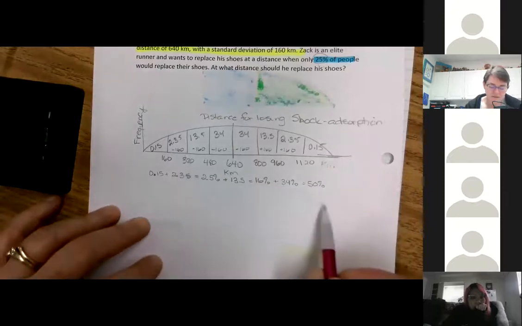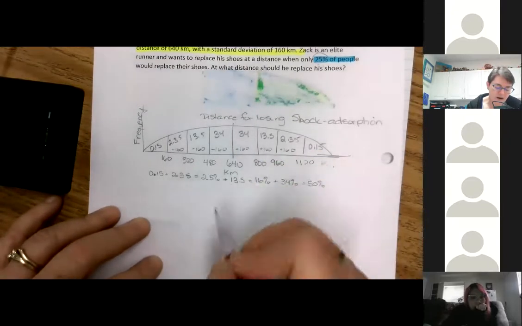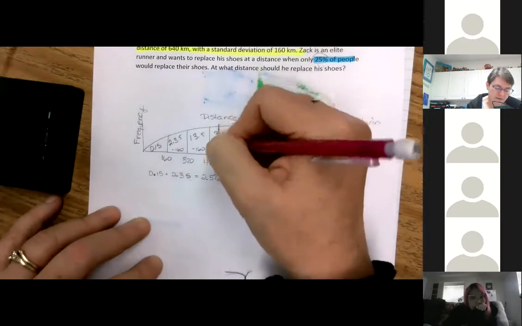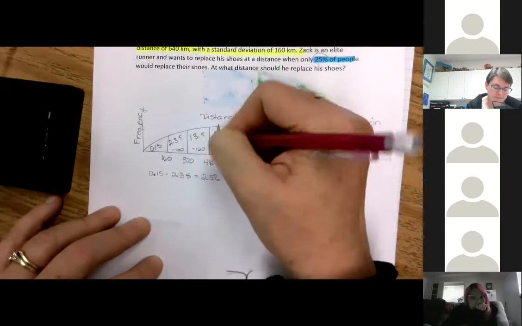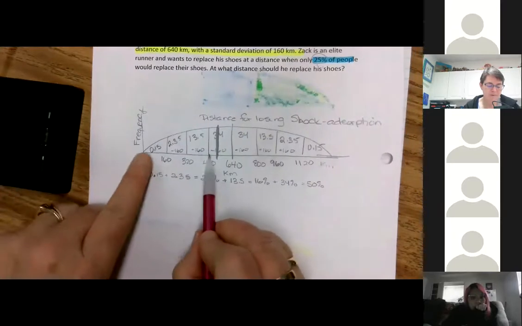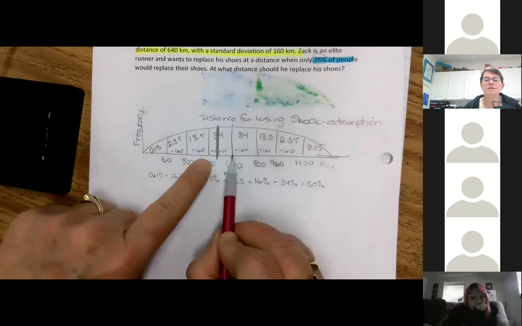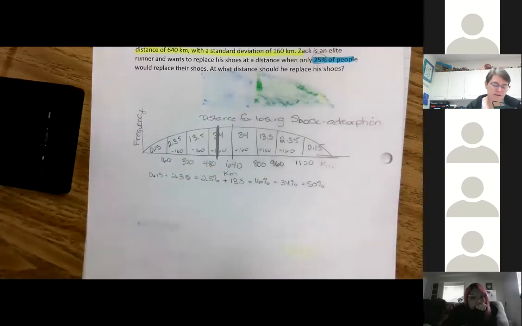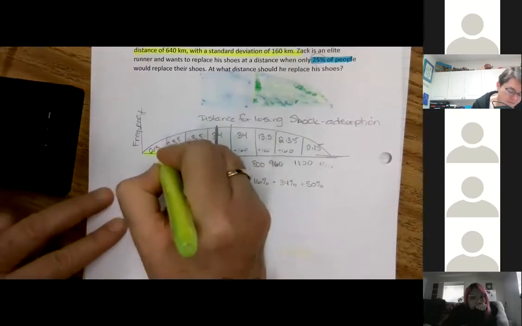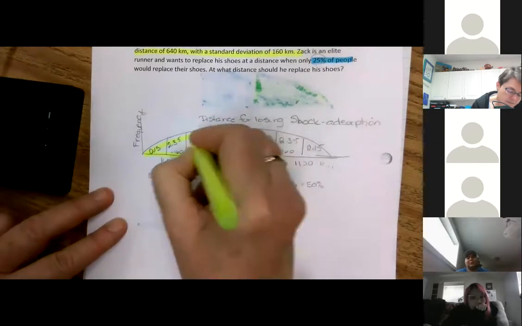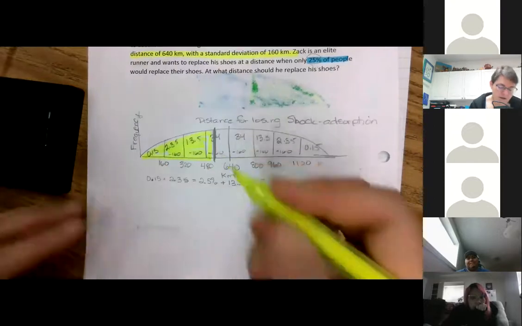So that's too much. So our line where I'm going with this is somewhere here, because this much is 16%. That's 50. That's too much. So we need to figure out where that yellow area needs to be 25%.